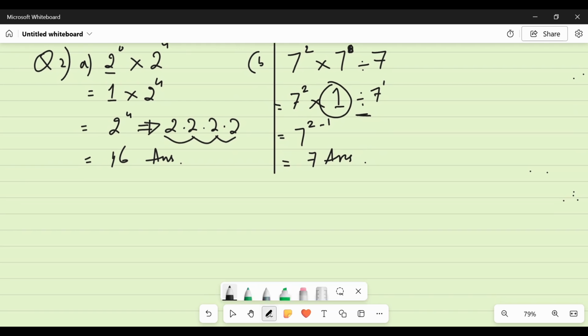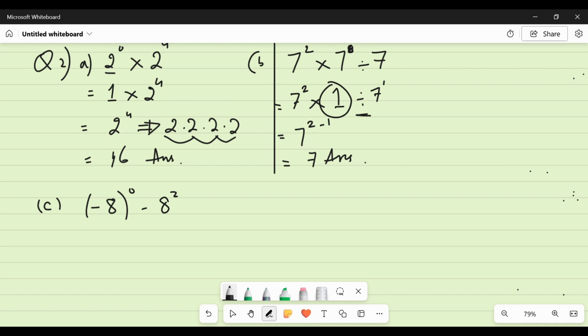Now, C part. It's written minus 8 to the power 0 minus 8 to the power square. Yes, minus.